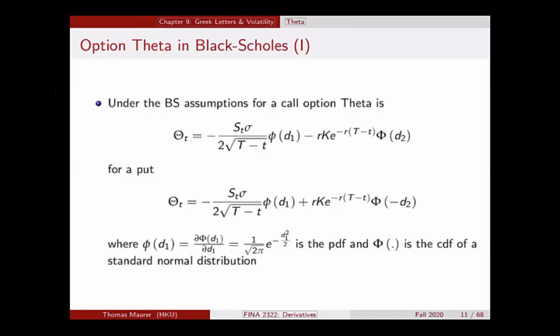In the Black-Scholes formula, if we take the partial derivative with respect to time, then theta for a call option is given by this formula over here. Now there's a nice interpretation. The second term over here, we take the derivative with respect to time, and what happens is it's going to affect the discounting of the strike price.